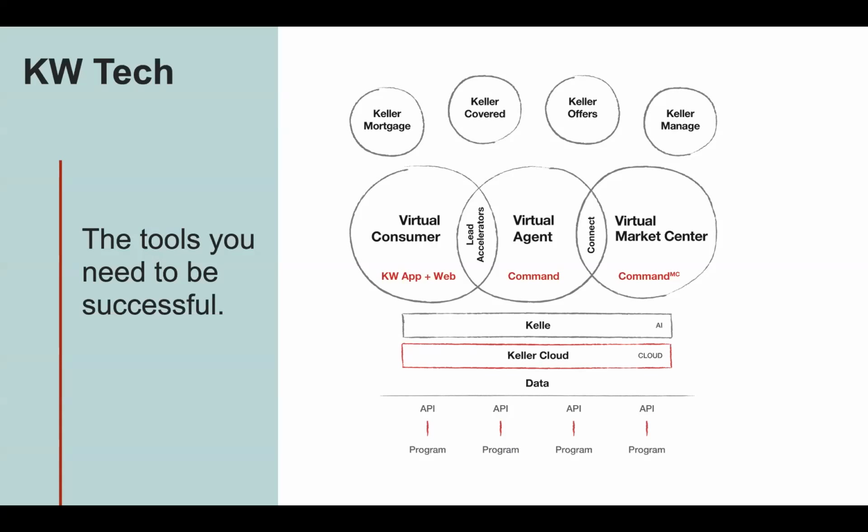And the KW app that consumers can use to search for listings, which is connected to your Command, because whatever they are seeing is shown to you on the back end so that you can take appropriate action as and where necessary. Command also allows you to see the homes your customers are actually interested in on the KW app, so that you have more insight into what they are looking at.